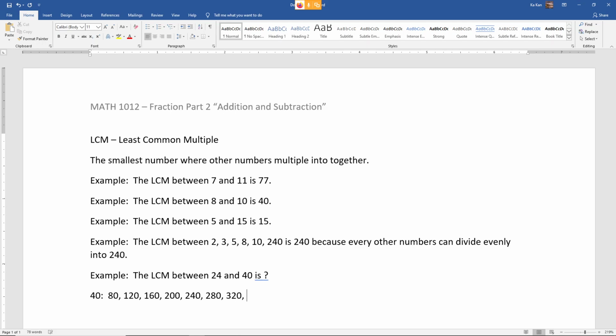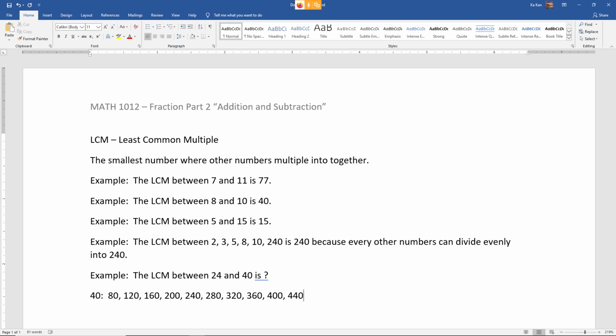So it's 40 times 2, times 3, times 4, just keep on multiplying. And I get 360, 400, and let me see, I think that's good enough, but I'll do 440 just for the heck of it.